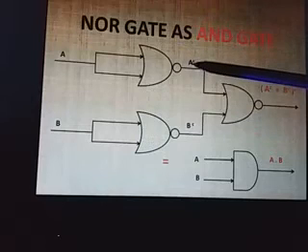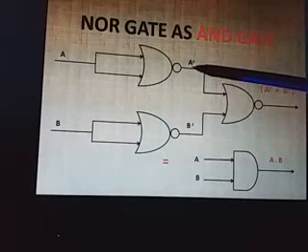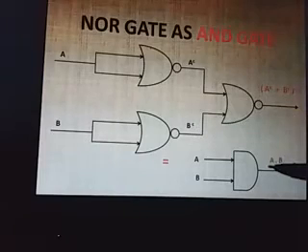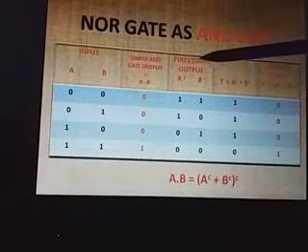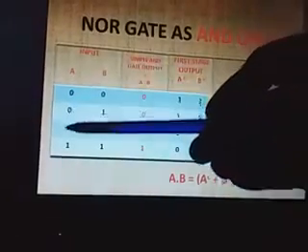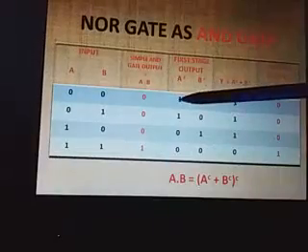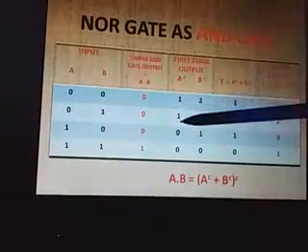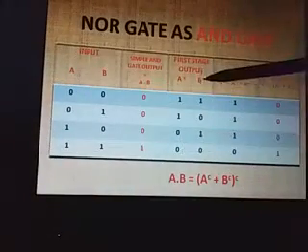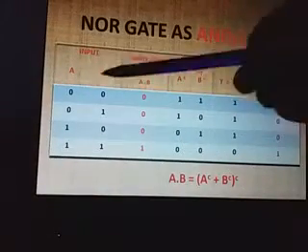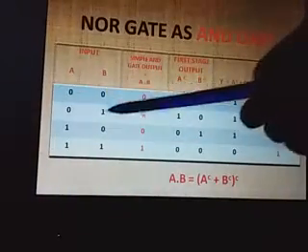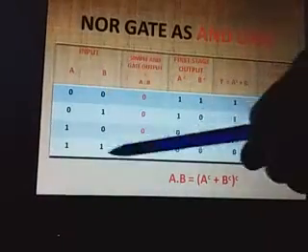Here, the output is complement of A and complement of B. From the truth table, first stage output complement of A: 0's complement is 1, 0's complement is 1, 1's complement is 0, 1's complement is 0. Exactly for B complement, it will be the complement of this signal: for 0, 1, 1, 0, it is 1, 0, 0, 1.